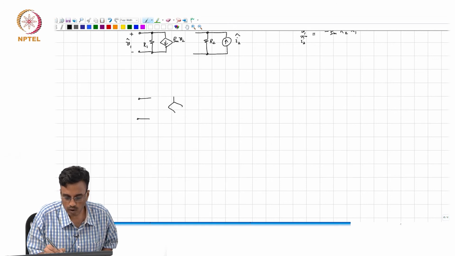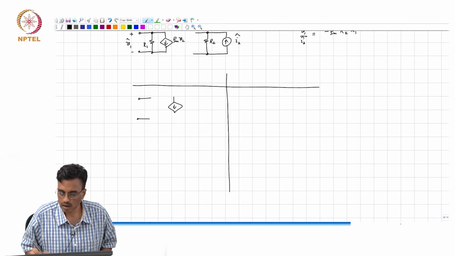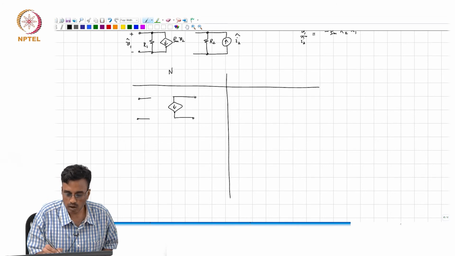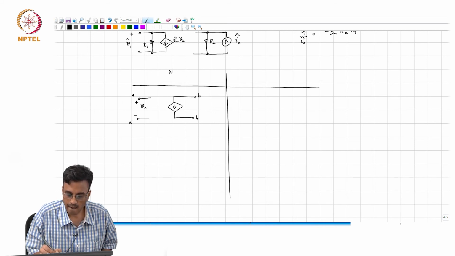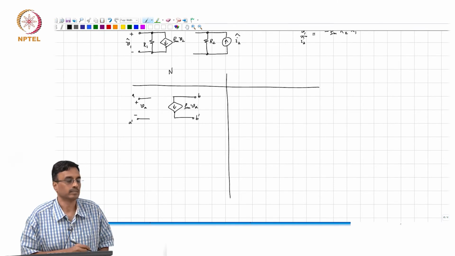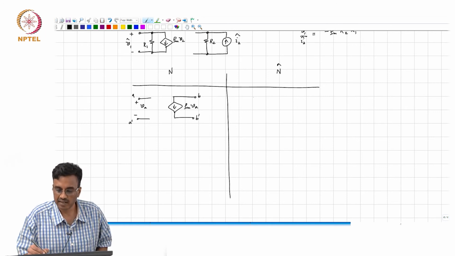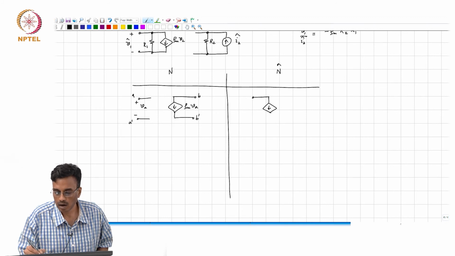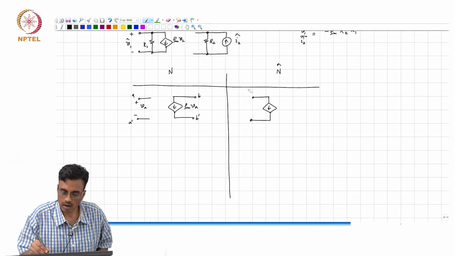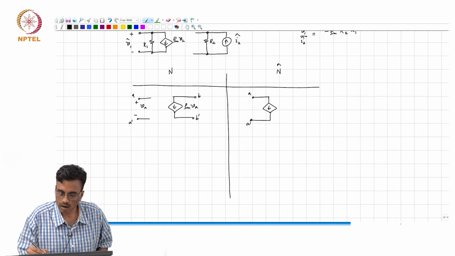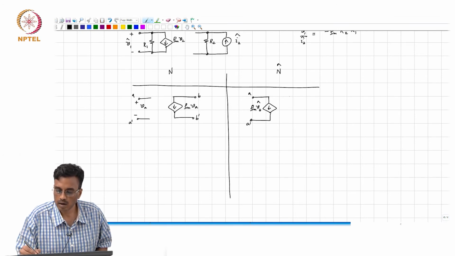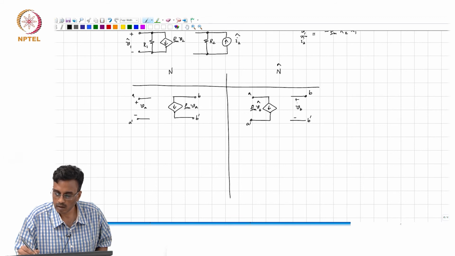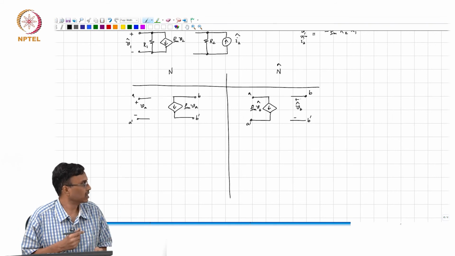If you have a voltage controlled current source in N, to get a reciprocity like relationship, we must flip the orientation of the control sources as shown.